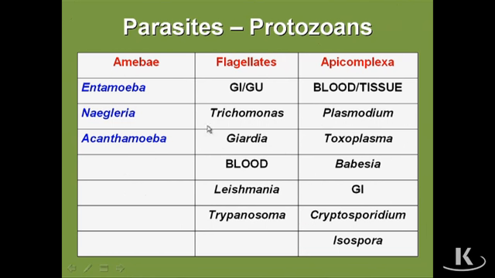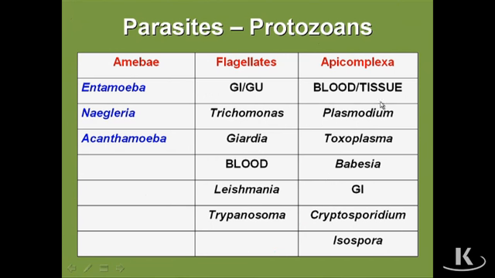Naegleria and Acanthamoeba are amoeba that sometimes show up on Step 1, but we're going to place those a little lower yield than Entamoeba, for example. As far as GI and GU infections, Trichomonas and Giardia are both pretty high yield, but Leishmania and trypanosomes are probably fairly low yield for the USMLE.